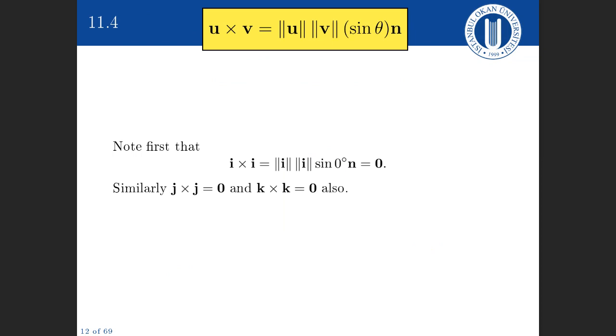By the definition, we get norm of i, and then norm of i, sine of 0, and then a unit vector n. But wait a minute, sine of 0 is just 0. So i cross i must be the 0 vector. For the same reason, j cross j must be the zero vector and k cross k must be the zero vector.